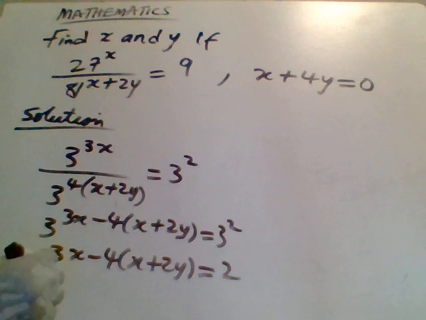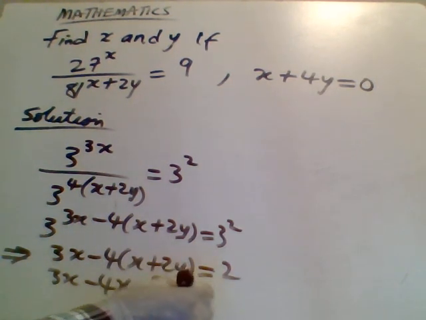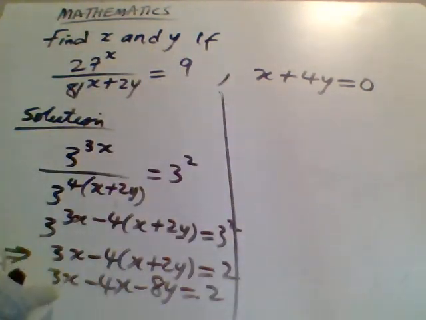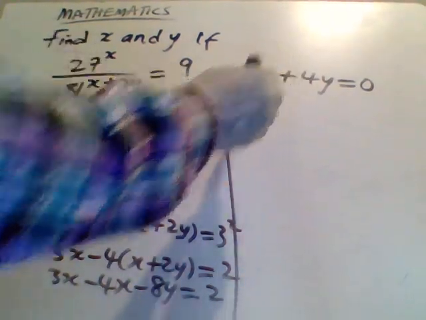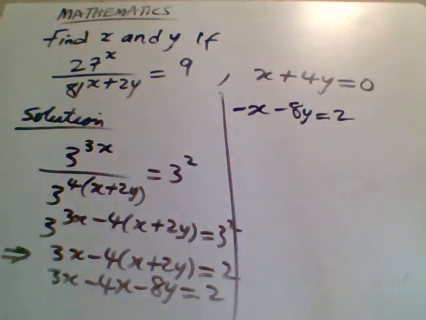If you open the bracket, we have 3x minus 4x minus 8y is equal to 2. So 3x minus 4x will give us minus x minus 8y is equal to 2.